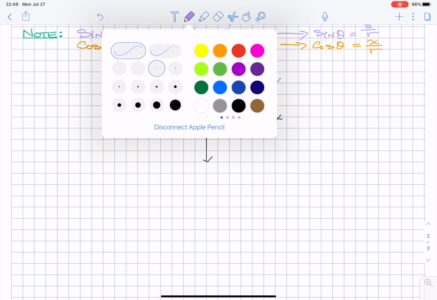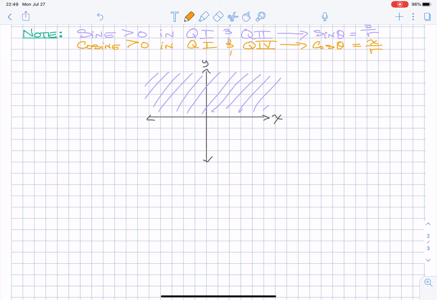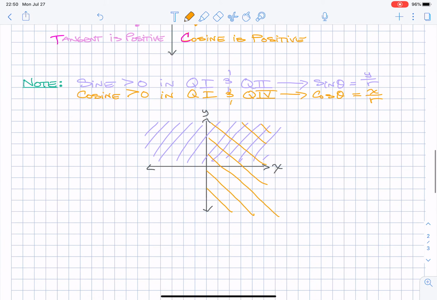Whereas cosine is greater than 0 when x is larger than 0. Agreed? So up the y-axis and up the x-axis, if that kind of helps. Anyways, it's a mnemonic device. If you care to use it, that's fine. If not, don't worry.